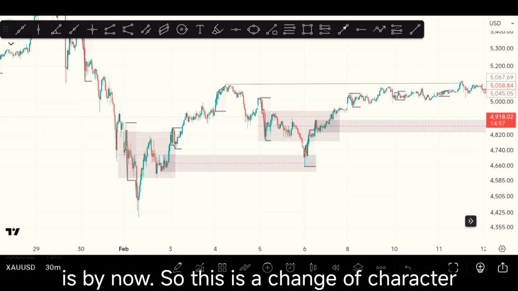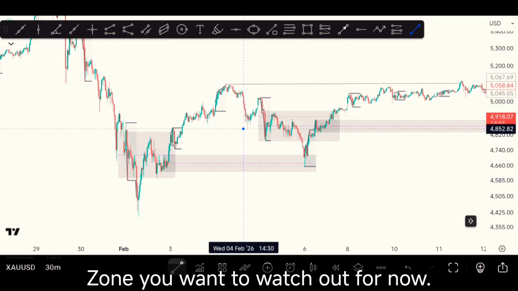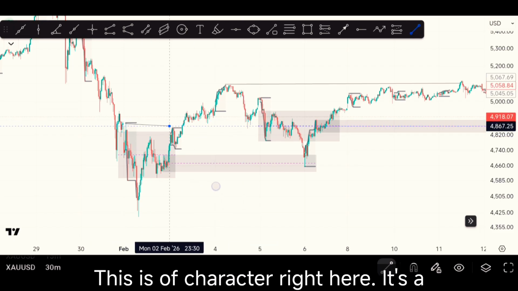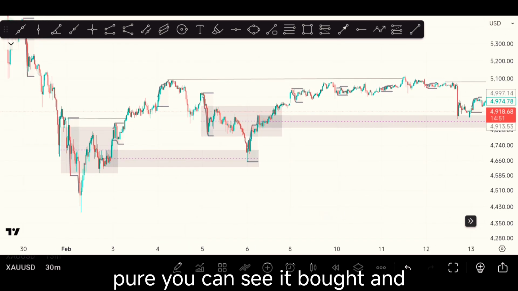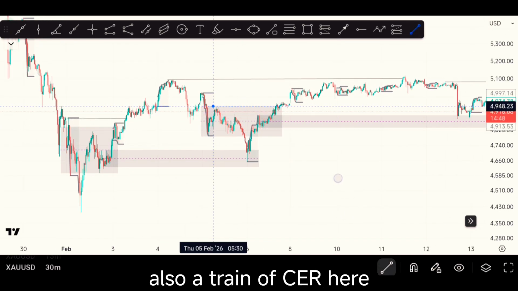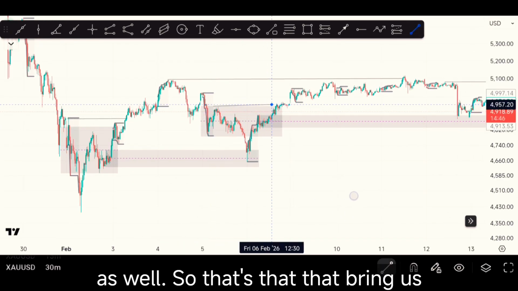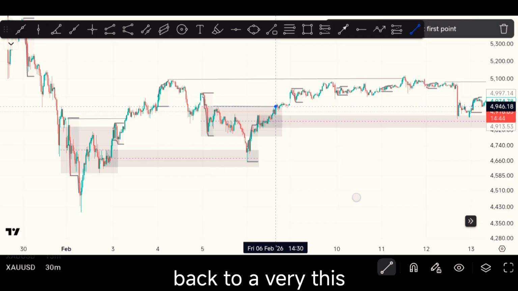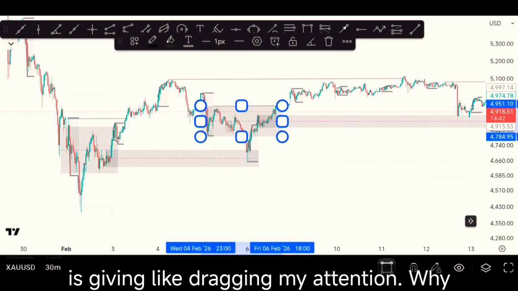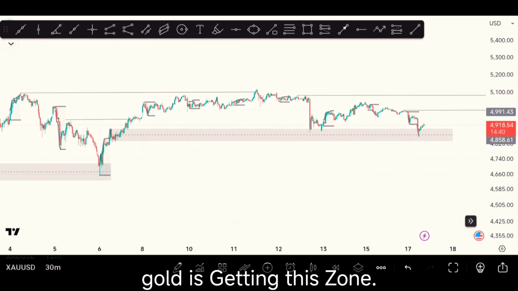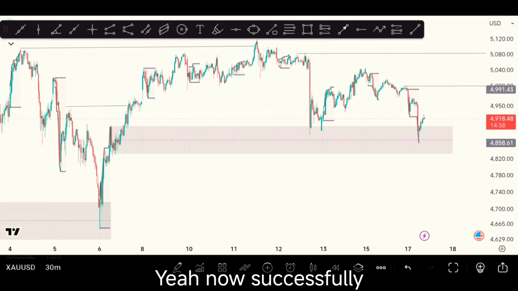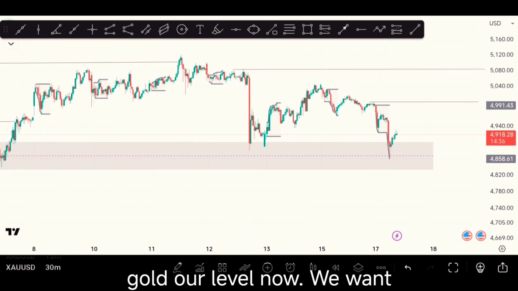So this is a change of character zone you want to watch out for. Now this is a change of character right here. It's a pure trend, you can see it bought, and also a change of character here as well. So that brings us back to what's striking my attention: why gold is respecting this zone.